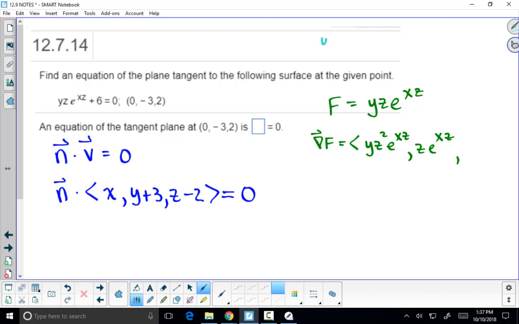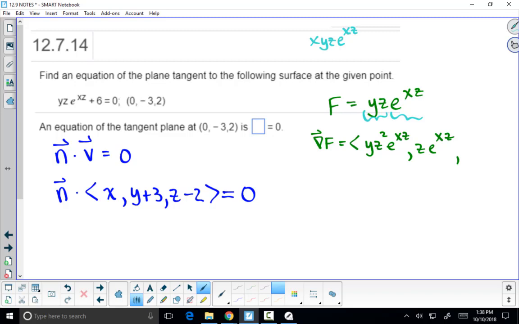So we're going to do first, which is yz. I'm going to treat this as one function of z, and there's the second function of z. First function of z is yz, first times the partial of the second with respect to z. Partial with respect to z is going to be x e to the xz.